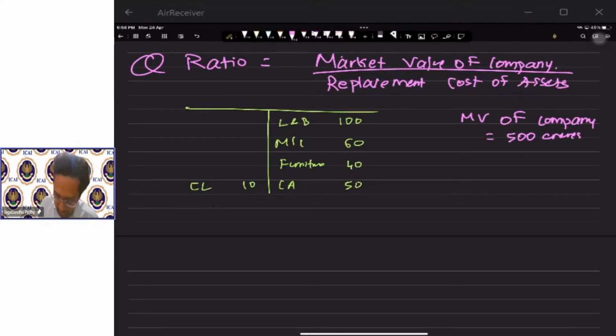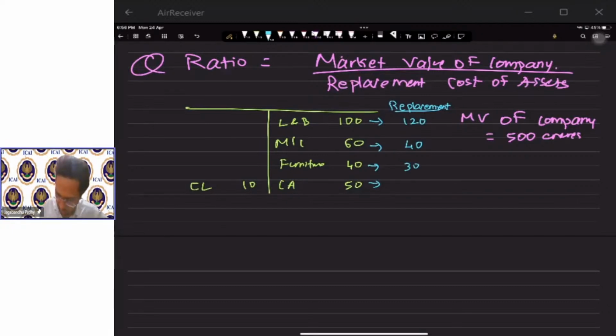And for each of these assets, let us assign a replacement cost, that is, the cost of replacing these assets as of now. A similar land and building, if I purchase now, I need to pay 120. A similar machinery, I need to pay 40. A similar furniture, 30.